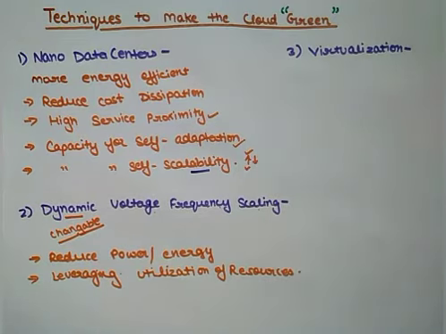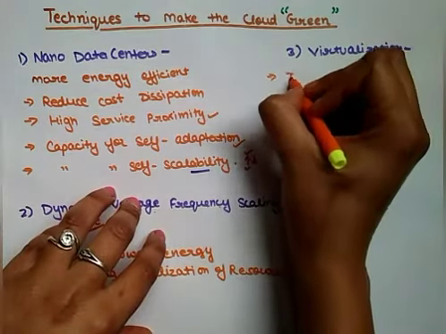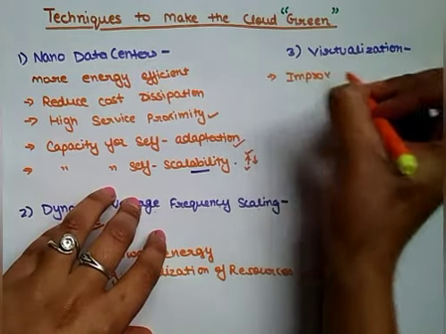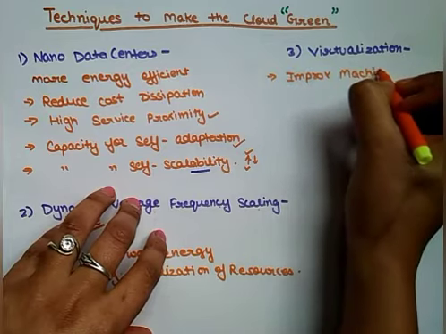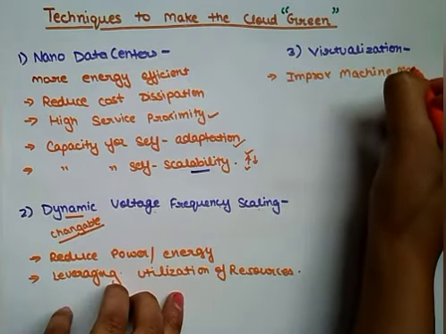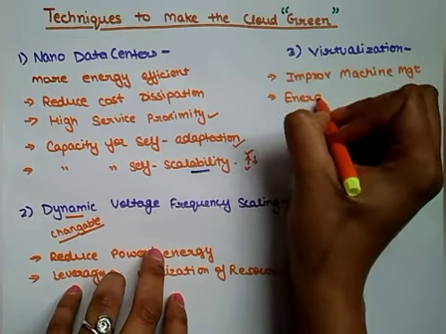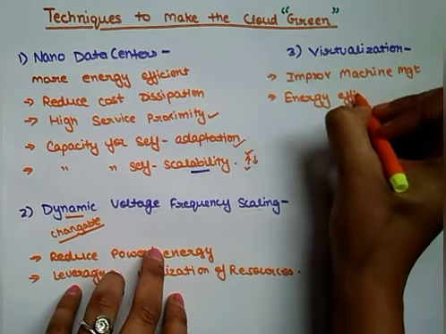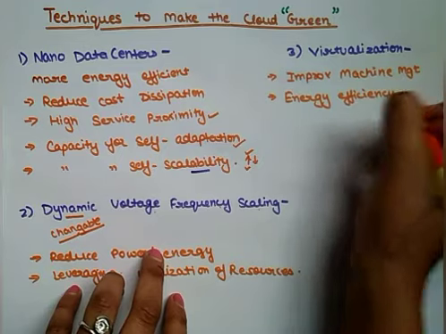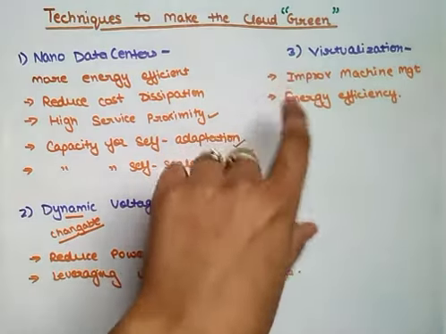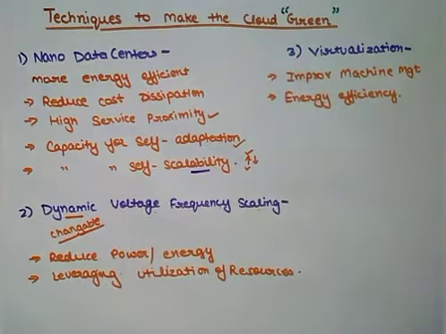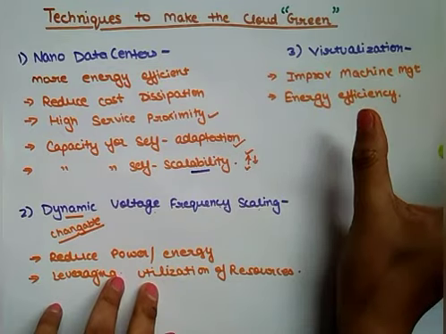And virtualization is a technique that improves machine management. It is used to improve machine management and energy efficiency, right? Both of these are done through sharing a single physical instance of a resource or application with multiple customers or organizations at the same time, right?